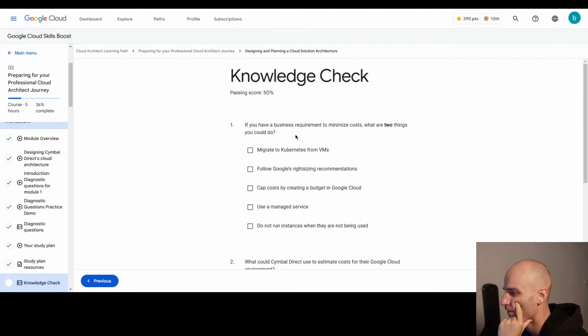Knowledge check. If you have a business requirement to minimize cost, what are 2 things you could do?